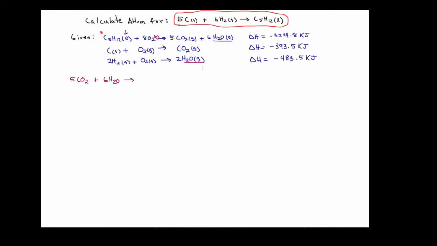Alright, so getting back to it, we're going to flip this first equation so that we get the product that we want on the right side of the arrow, on the product side of the arrow. And when we flip it, like I said at the beginning of the video, we need to also change the sign of the delta H, which I'm going to go ahead and do right now.